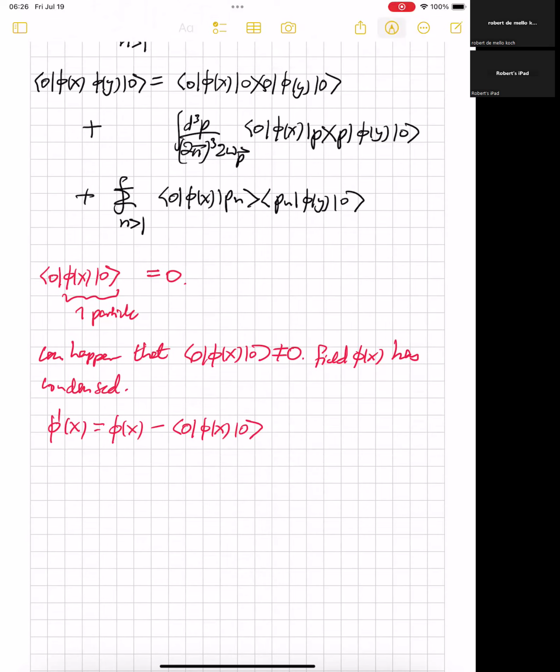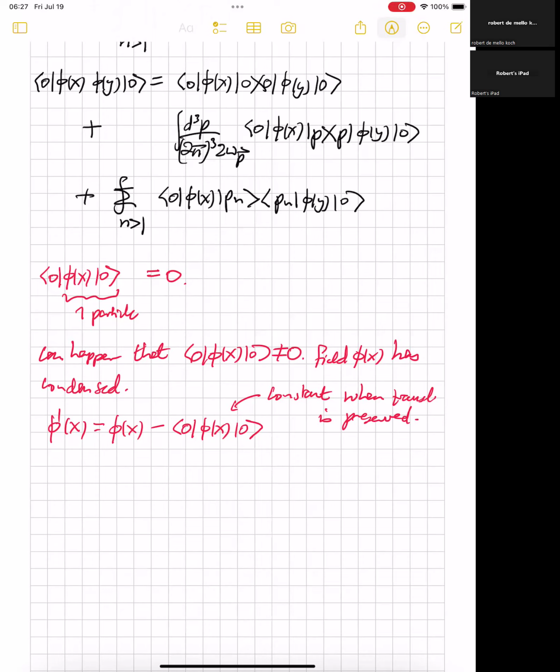In most situations, this term will be a constant. It can happen that it's not a constant, but it will be a constant whenever translation invariance is a good symmetry, is preserved. So there are cases where we talk about the spontaneous breaking of translational invariance, and in that case, this extra term can even depend on x.